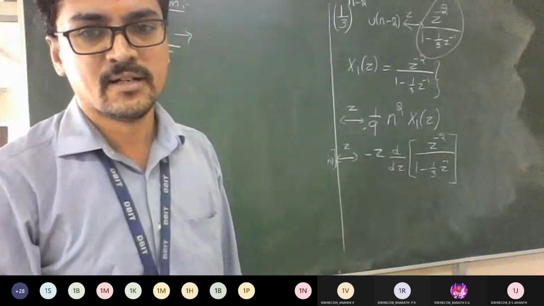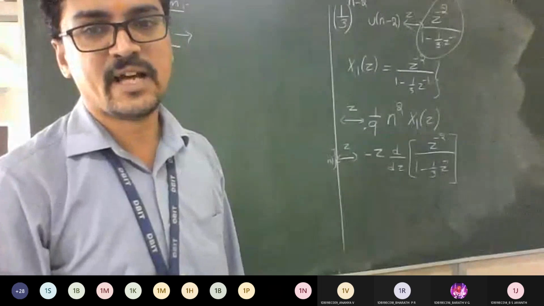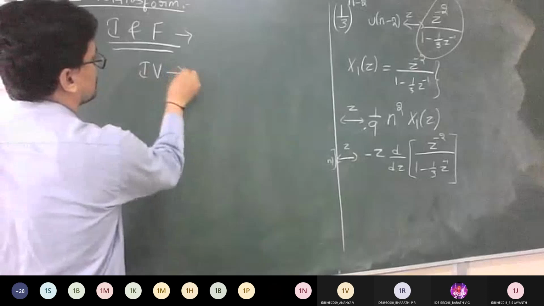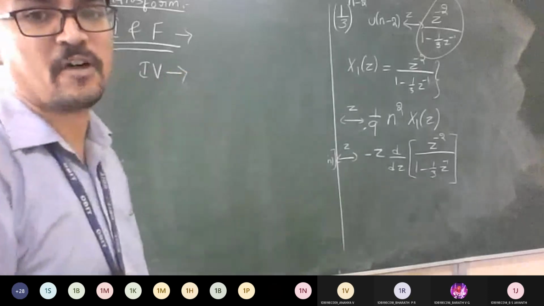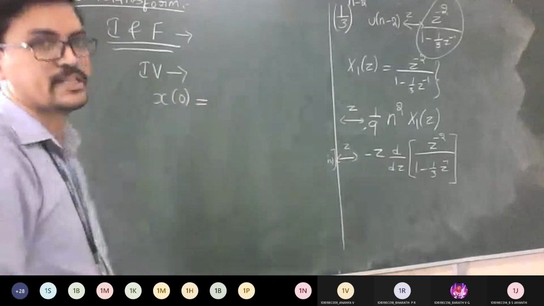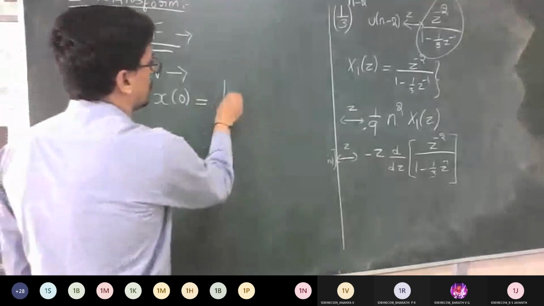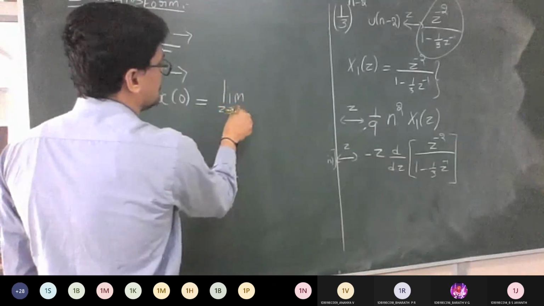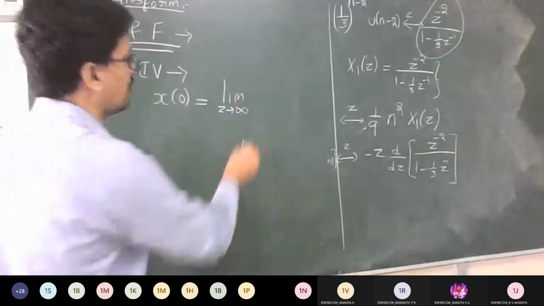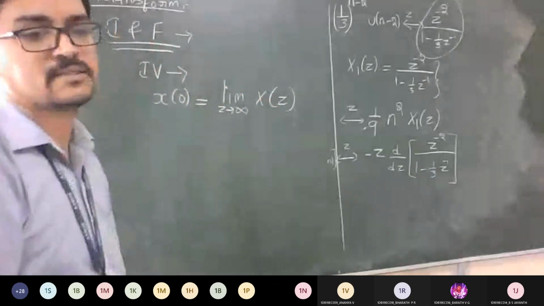Okay. Before writing a question, you just make a note. Note: initial value condition. Just make a note of this formula, guys. x of 0 is equal to, initially means it will be considered as 0, we are going to apply limit as z tends to infinity for your x of z term.